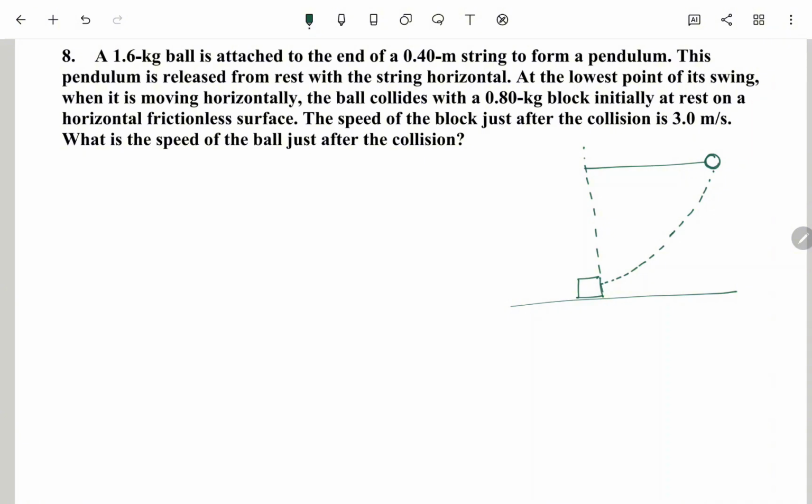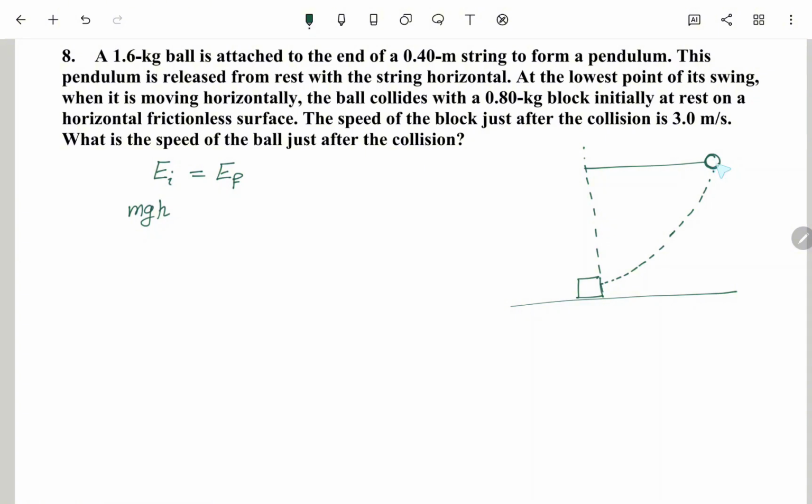Since there is no air resistance, no friction whatsoever, in this case we can use E initial equals E final, the simplified form of the work energy theorem. At this position, the ball has just potential energy, so m g h, no kinetic energy.